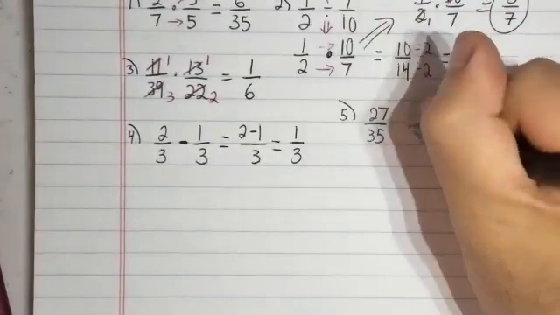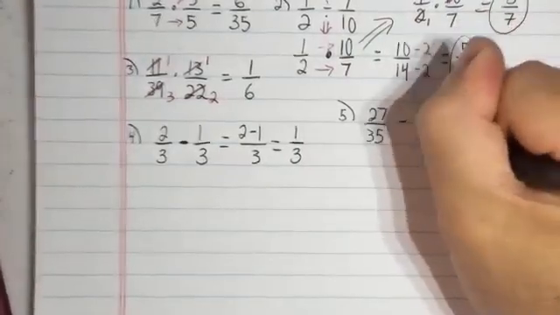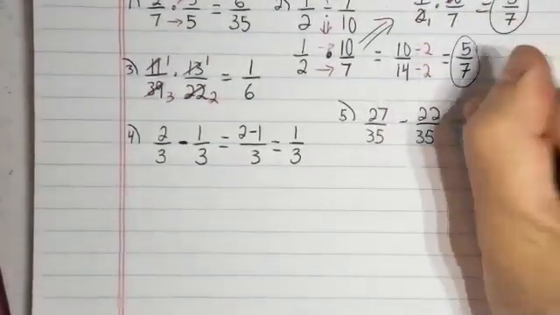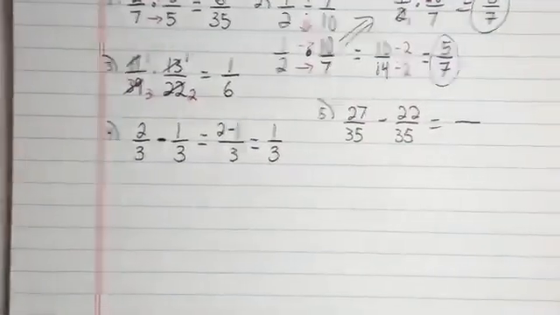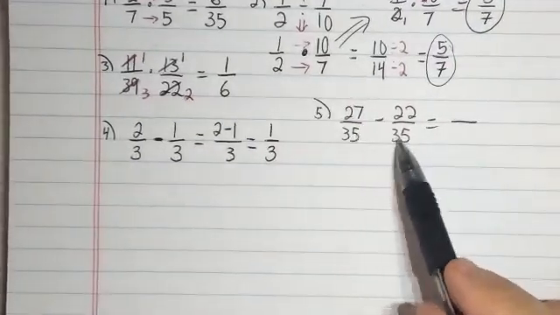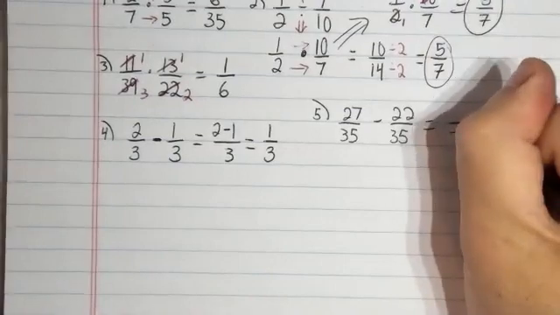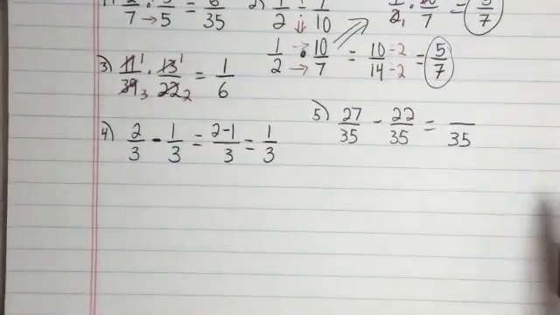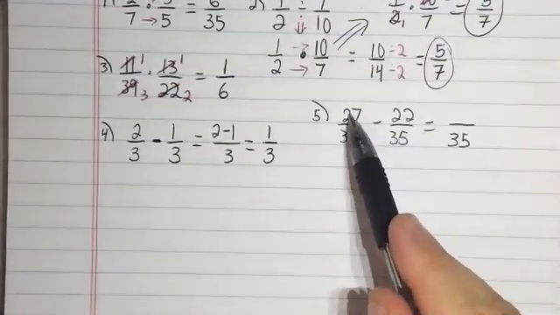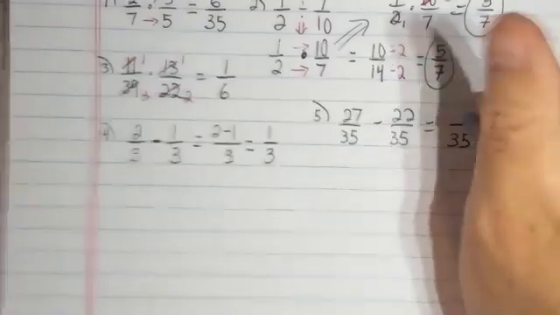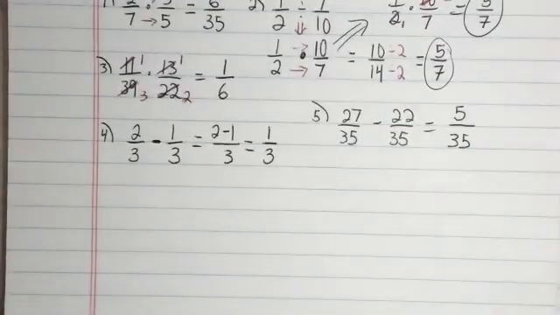We got 27 over 35. So again, what you'll notice is my denominators are the same here. So if they're the same, I keep that denominator. And again, all I'm doing is subtracting my numerator. So 27 minus 22 would give me 5.